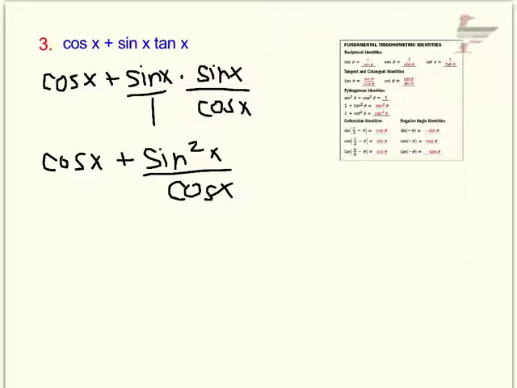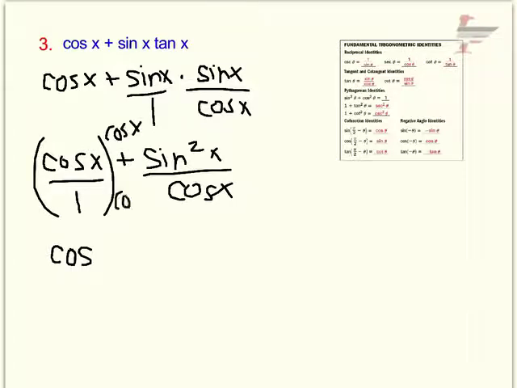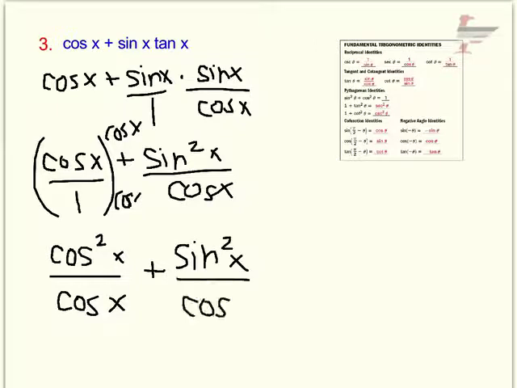If you're at a point where you have a denominator and something that doesn't have a denominator, technically this is over 1, find an LCD, a common denominator. So again, this is really over 1, so the common denominator is definitely cosine x. So I'm going to multiply this one by cosine x over cosine x, right? So cosine squared x over cosine x plus sine squared x over cosine x.